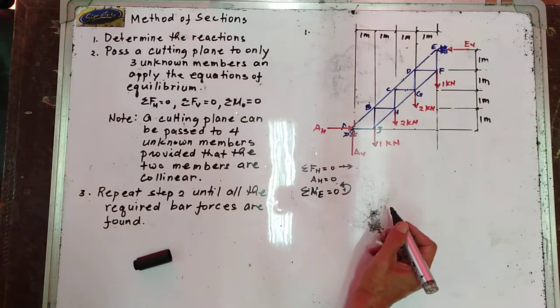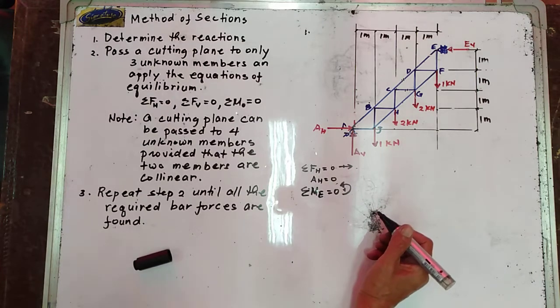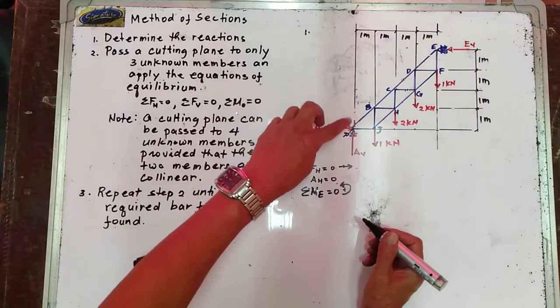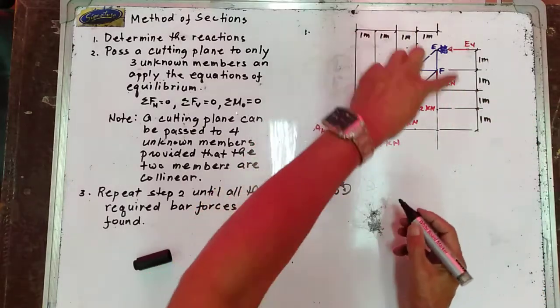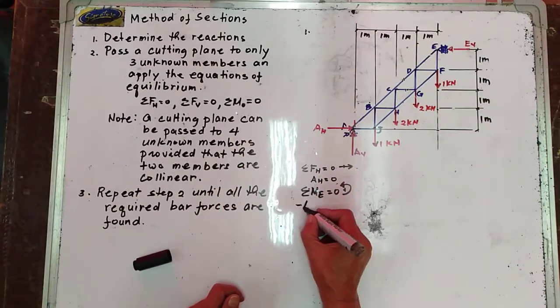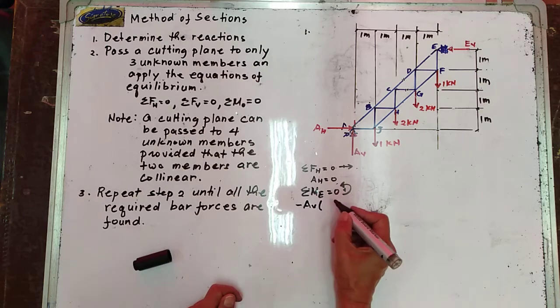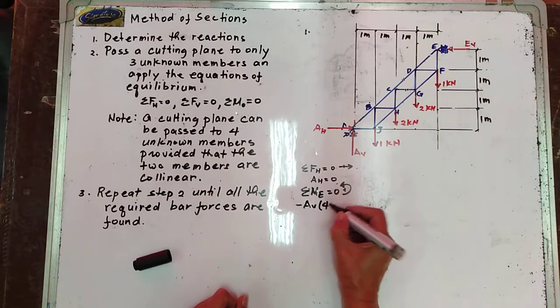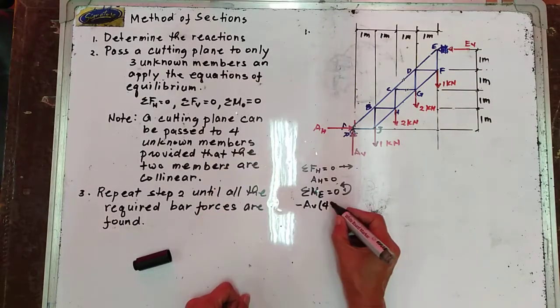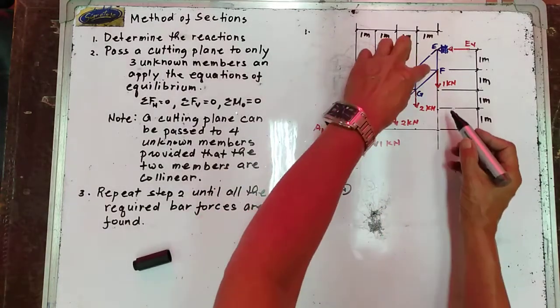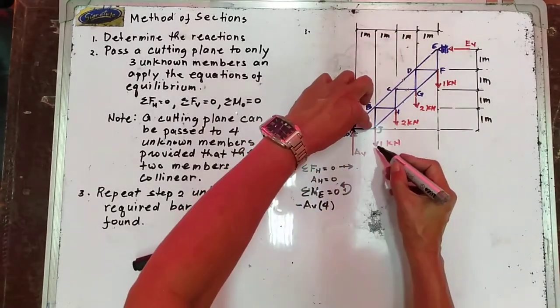So, we have your AV. A vertical is going clockwise. Now, the moment arm of A vertical is equal to 4. So, this is 4. And then, let's start with this one.